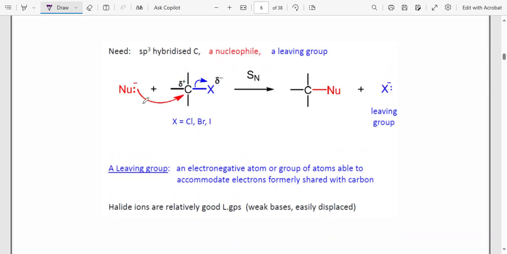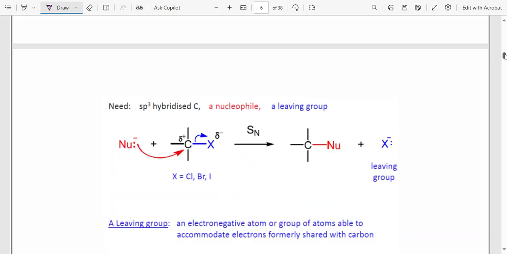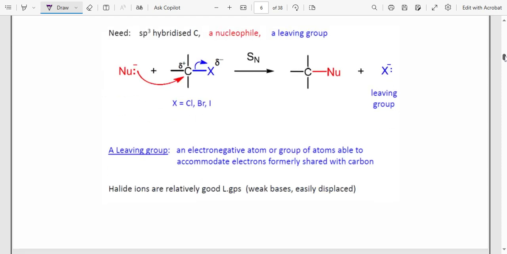So when it comes to nucleophilic substitution reactions, we have SN1 and SN2. S is substitution, N is nucleophilic, 1 is first order, 2 is second order.